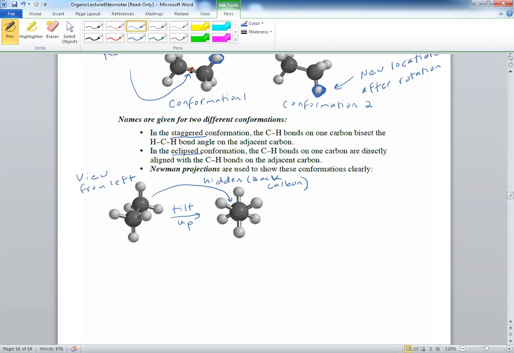It makes sure that you get a more holistic understanding of the concept. So here we have the ball and stick. Now we don't have the ball and stick all the time, so we have to use the Newman projection. It's actually very, very easy. What you do is you draw a circle.